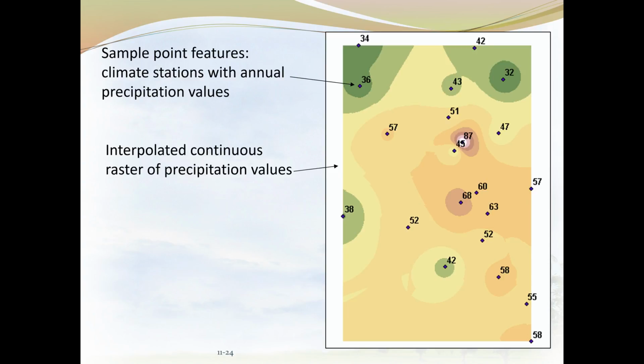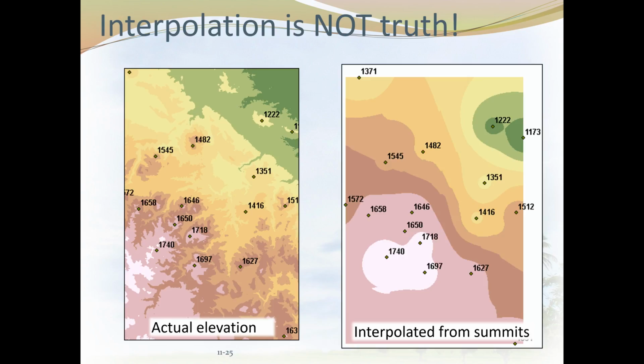So now the sample point features are climate stations with annual precipitation values, and an interpolated continuous raster of precipitation values. Like I mentioned here, the actual elevation is like this, but interpolated from the summit, it will be a lot different and might not be accurate.